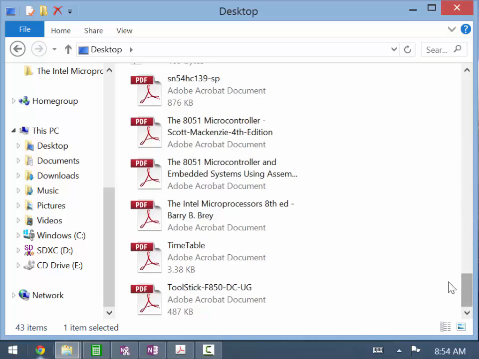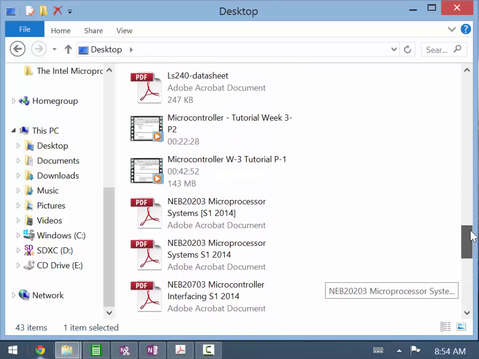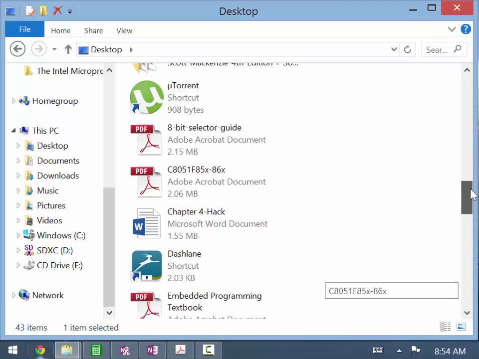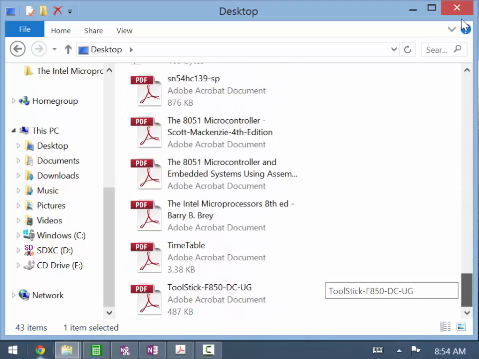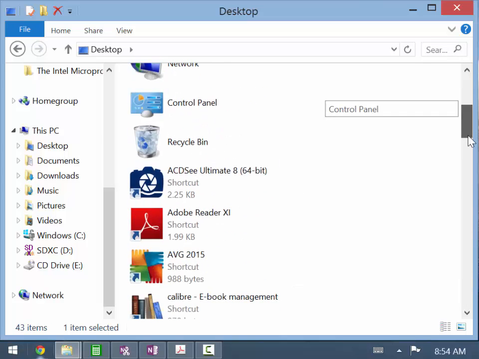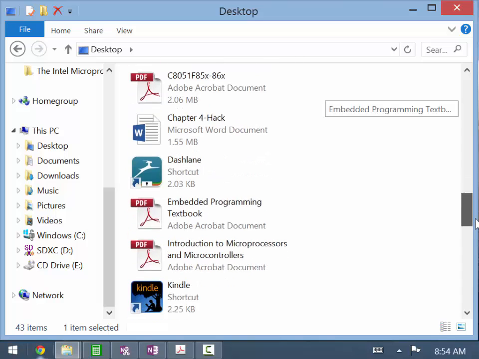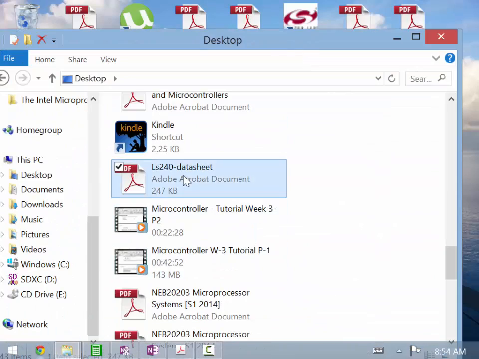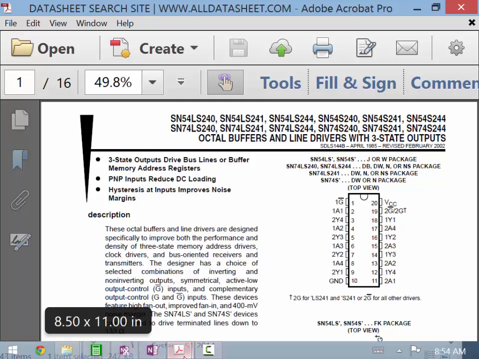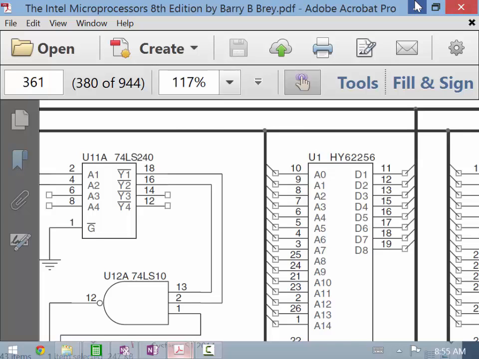I know I just downloaded it this morning to make sure I had it. There it is. LS240, okay, that's the right chip.